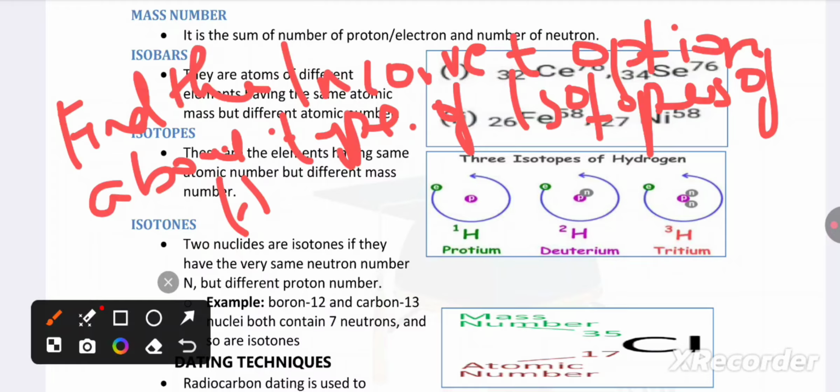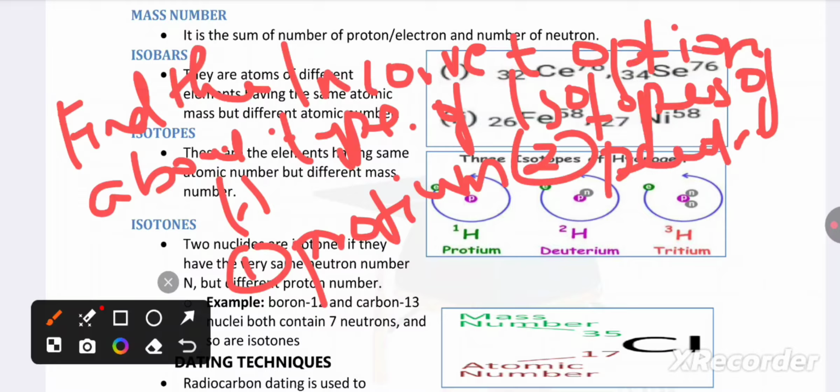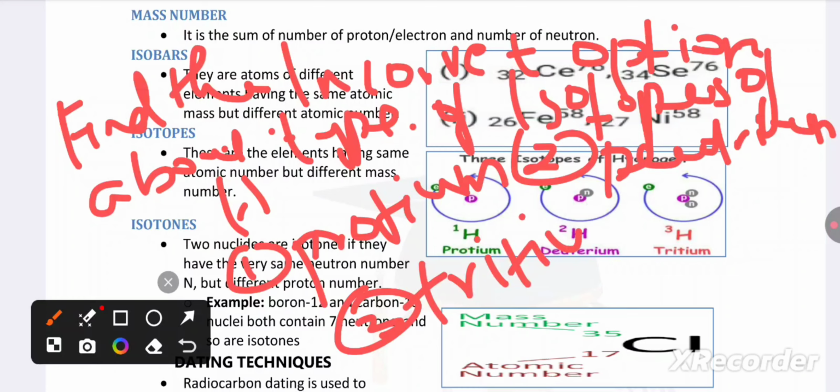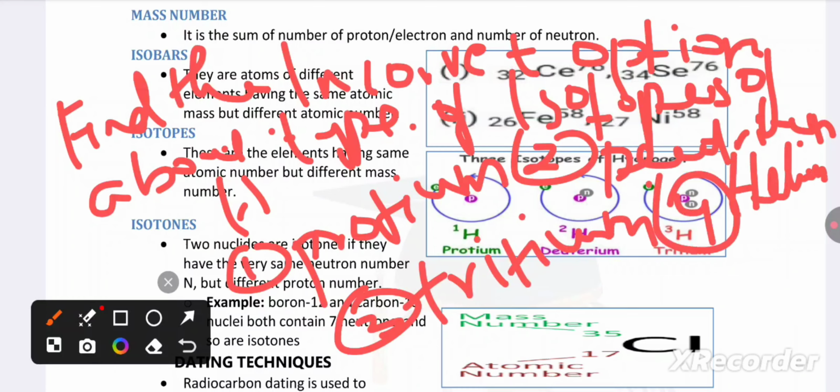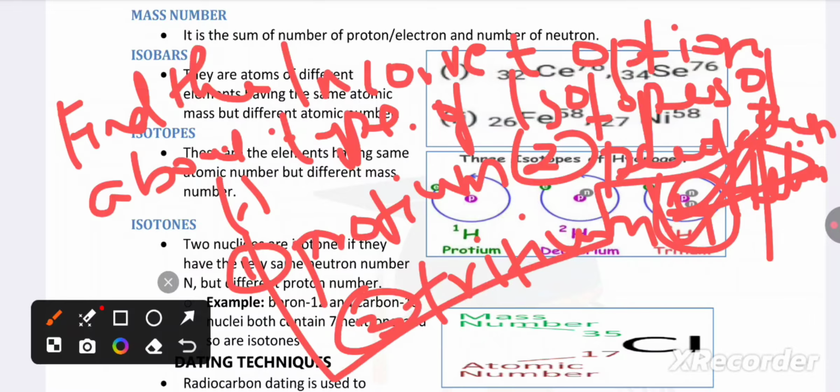Option A protium, deuterium, tritium, helium. We need to choose this one. Helium is not an isotope, these 3 are isotopes.